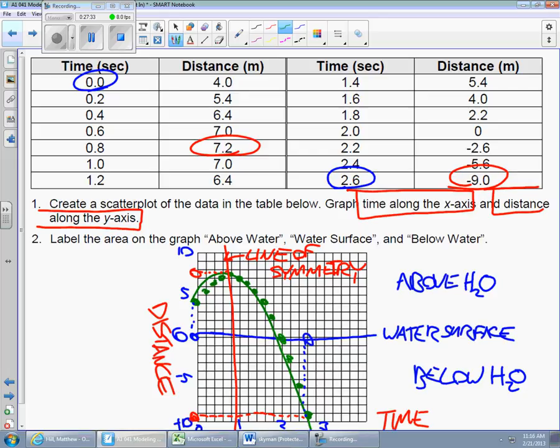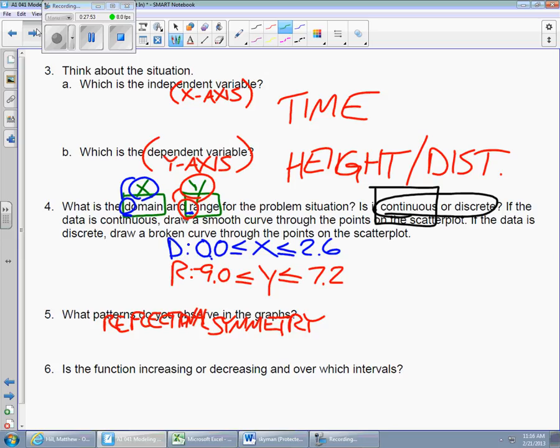If we were to have an equation and punch it into a calculator or graph it, we would end up with the other side of that parabola. It would be completely symmetrical on either side of the line of symmetry. So it just happened to be the problem that blocked off this part of the parabola that we couldn't see. But that doesn't mean it doesn't exist.